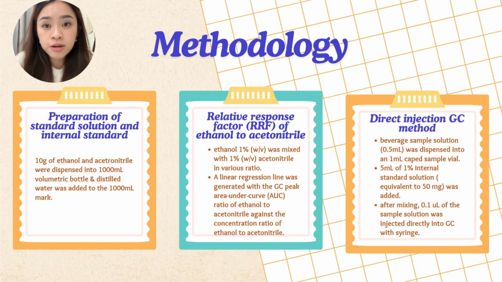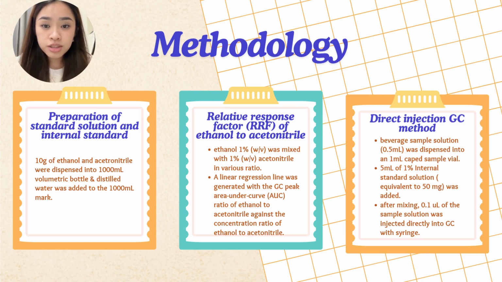Next, we determined the relative response factor of ethanol and acetonitrile. We used ethanol at 1% volume and acetonitrile at 1% as an ethanol standard. By analyzing the area under the chromatographic curve, we calculated the RRF based on the concentration ratios.